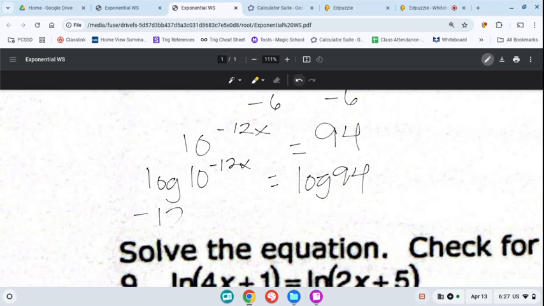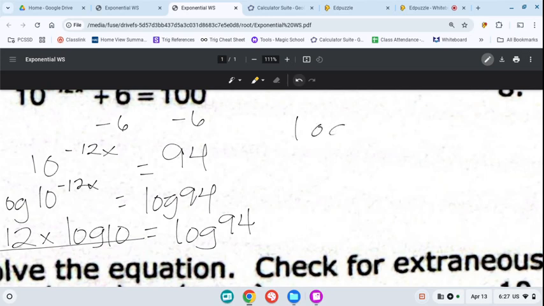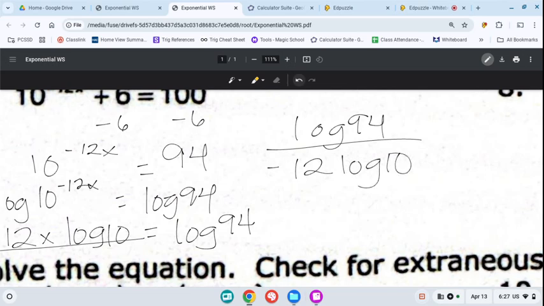So now I have negative 12x times the log of 10 equals the log of 94. Okay, so I'm going to divide everything by negative 12 times the log of 10.